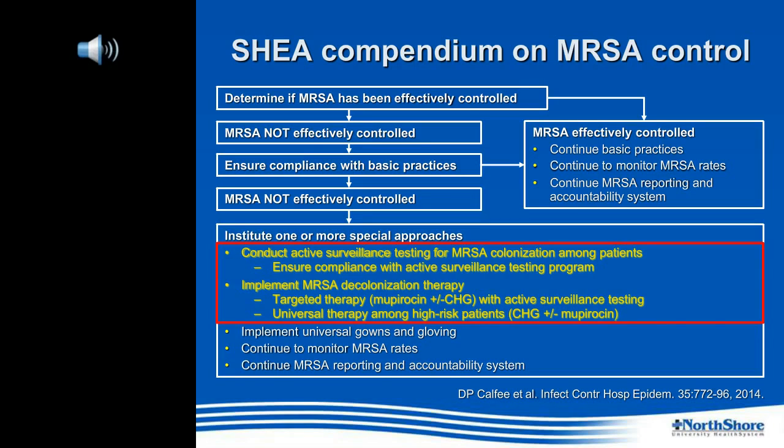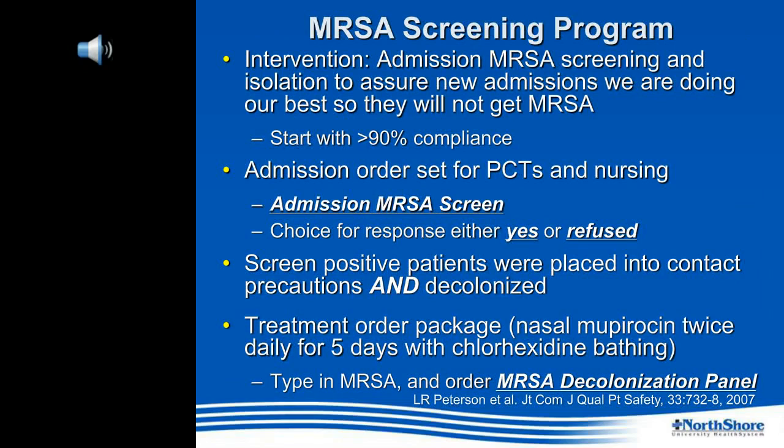But if we haven't, there are some special approaches that can be considered, and the 2 main ones are conduct active surveillance testing, or AST, for MRSA colonization, and then make sure that the compliance is being followed, and then implement decolonization as a second option, targeted therapy for those that are positive, or universal decolonization among high-risk patients. So these are just 2 ideas of things to try, and then again monitor outcomes to make sure you're having an impact. And this is what we'll talk about next.